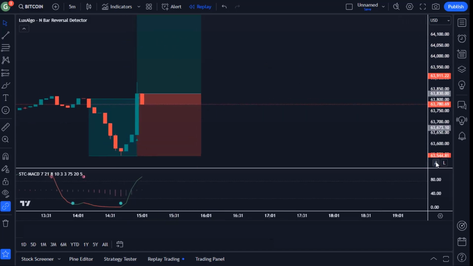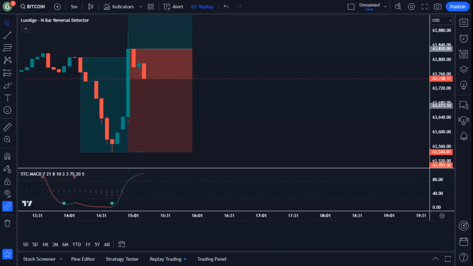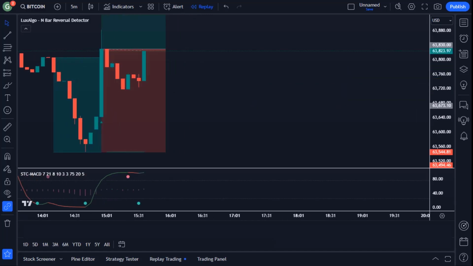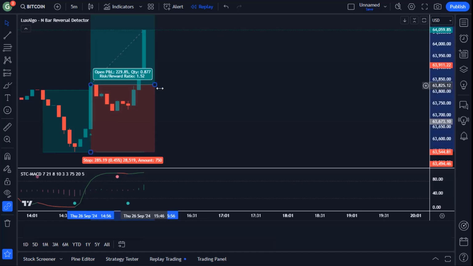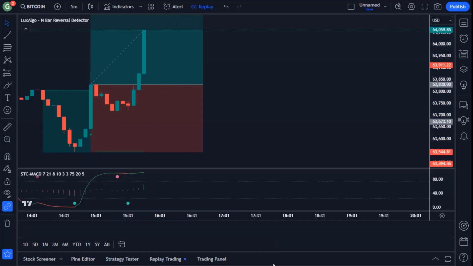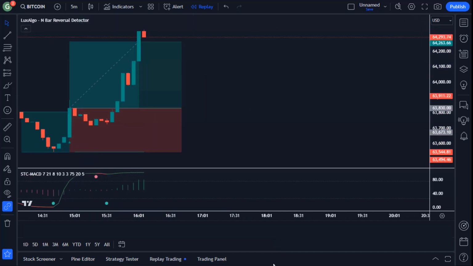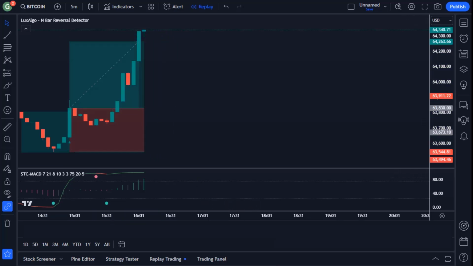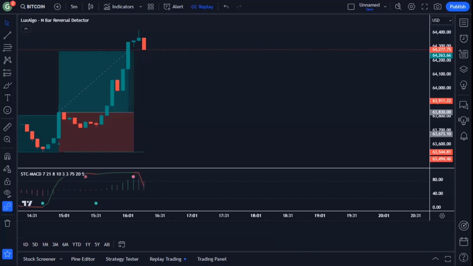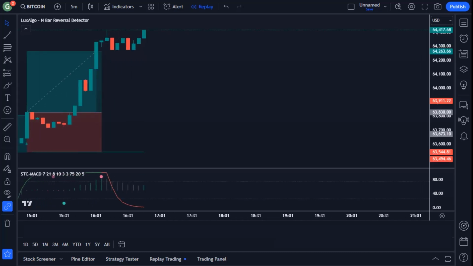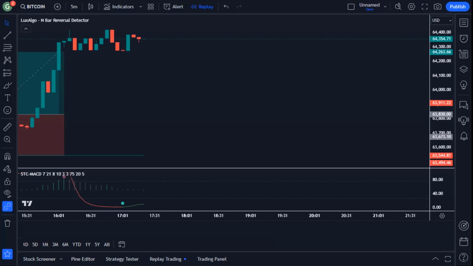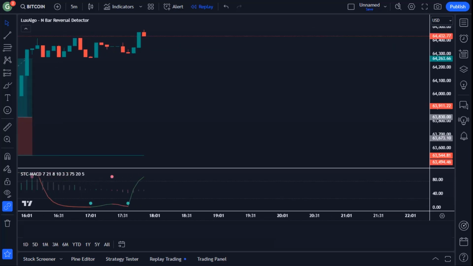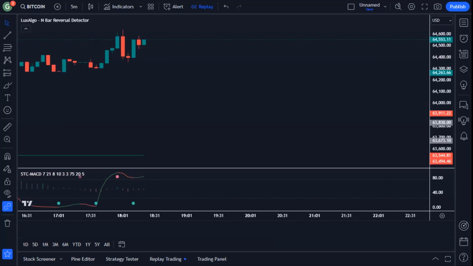Let's see how this trade plays out. The market has completely hit the target. I hope you must have understood this trading setup. Let's find the next trade.